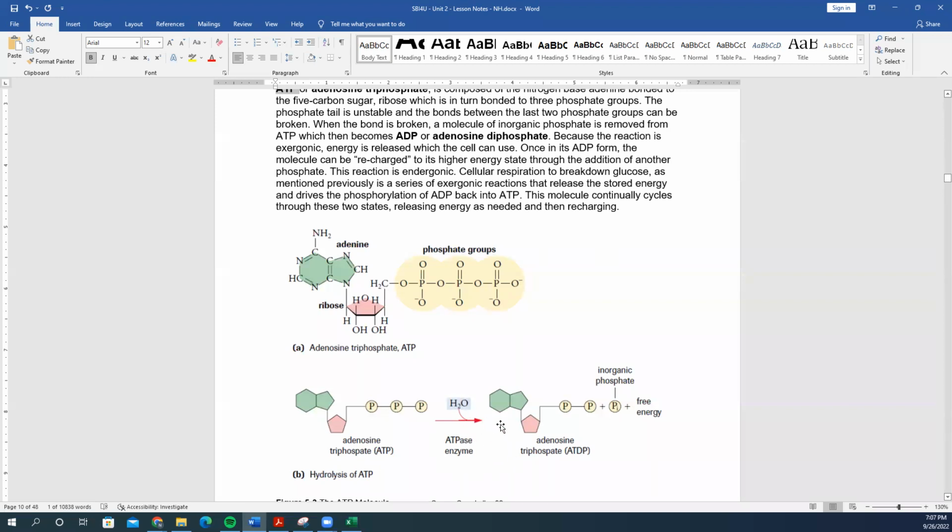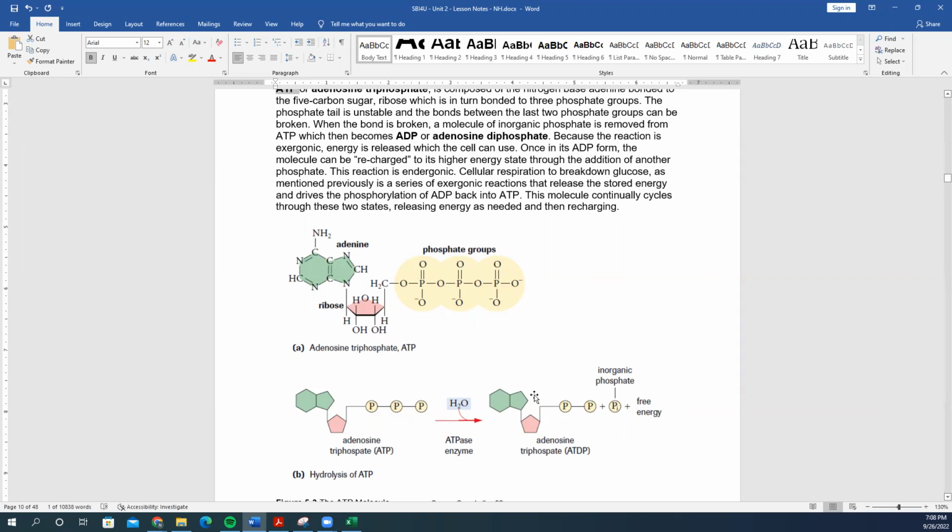So through the input of a water molecule, we separate one of these phosphate groups and release it as what we call an inorganic phosphate. And associated with the separation of that bond from that inorganic phosphate is also some free energy. And because this reaction is exergonic, meaning that free energy is released, then this free energy now is available for the cell to use.